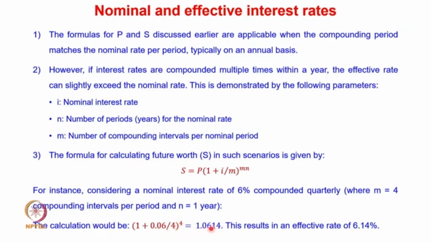So this comes around 1.0614. So you can see that the actual interest rate was 6%, but because of compounding 4 times a year, this interest rate has actually increased to 6.14%. So it's not 6. The more compounding you perform in a given nominal period, the more your interest rate is going to increase.